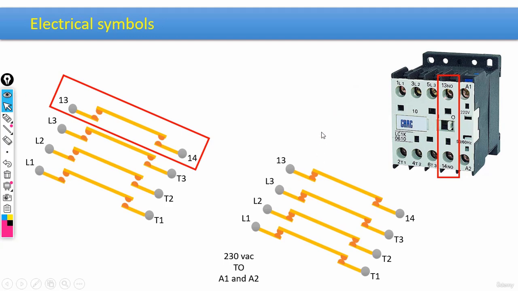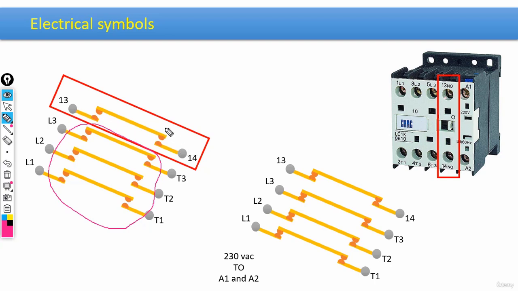Okay, now let me move on to the next slide. All right. Pay attention, guys. The contacts that we have in between these terminals, the contacts that would connect L1, L2, and L3 to T1, T2, and T3 more precisely, are what we actually call the power contacts. But we have another contact, a contact that would connect terminal 13 to terminal 14.